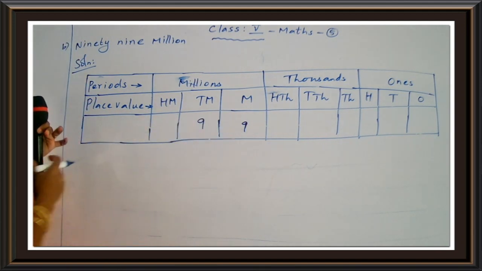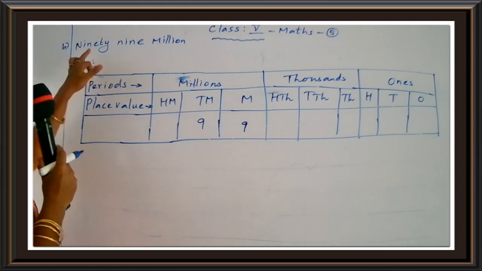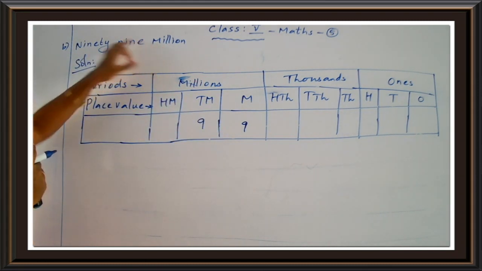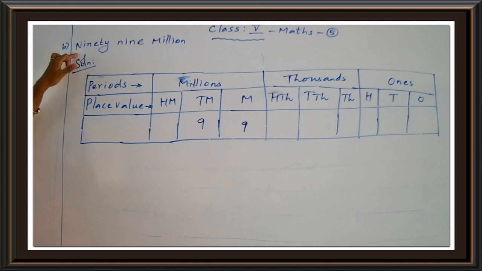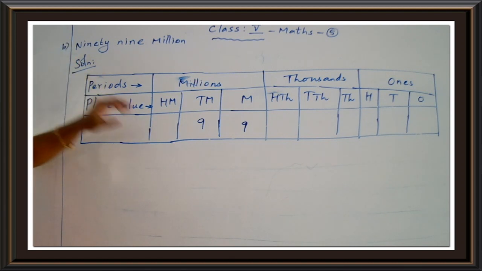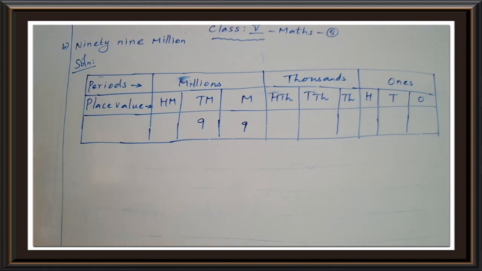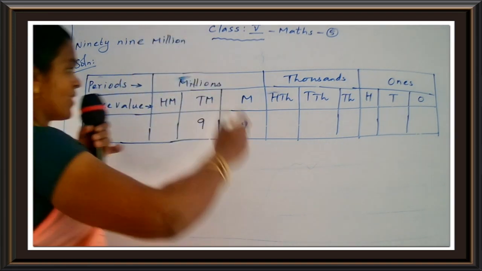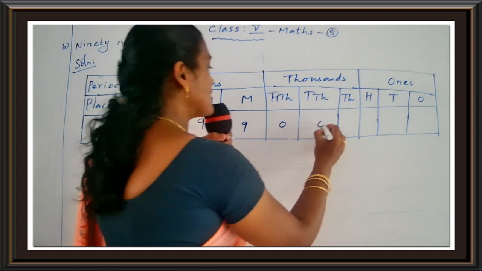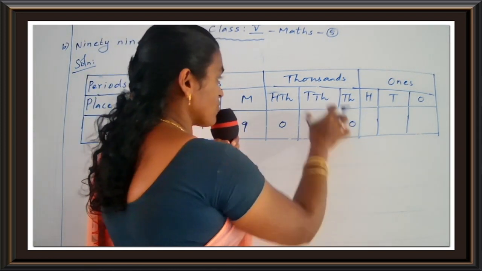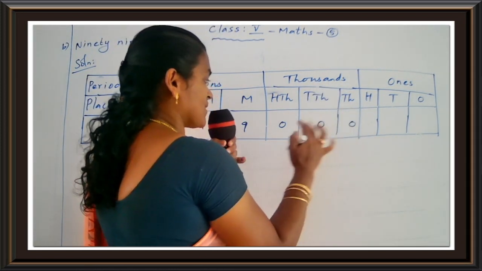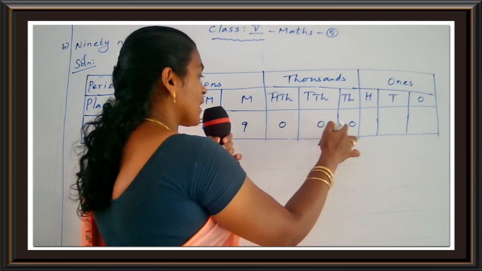Children, you see the question 99 million. Here 100 million is not there. After that, nothing is there, so you put 0 in all the places. Thousands period is not there, so you put 3 places in 0. Next is ones period.